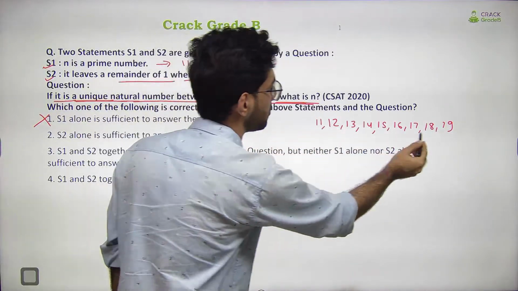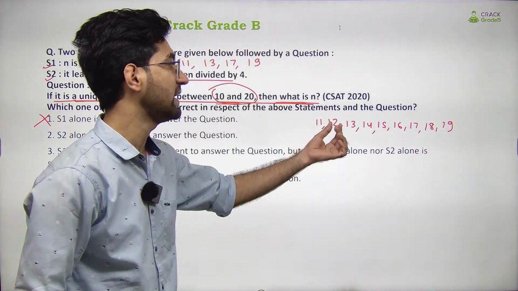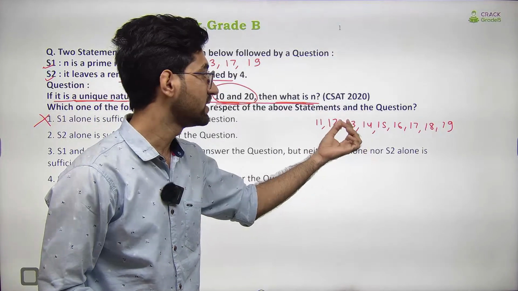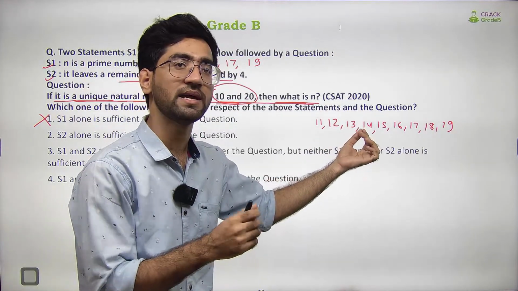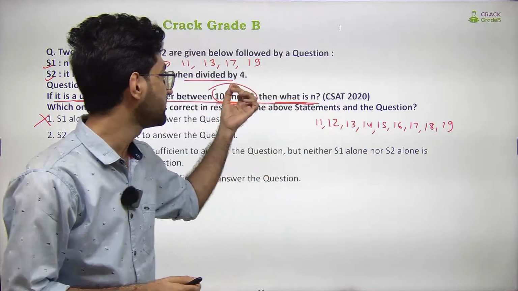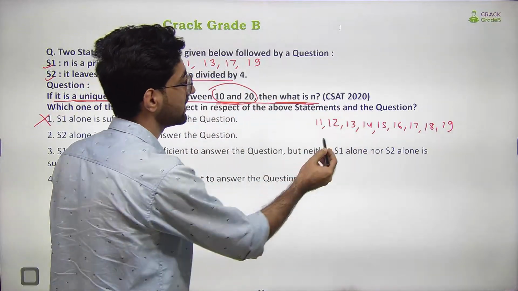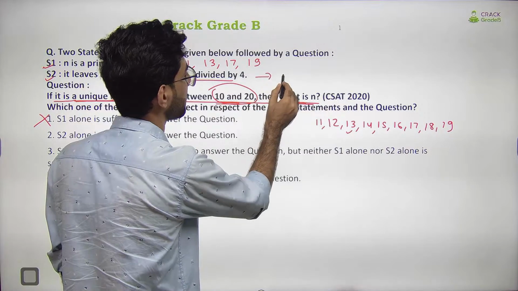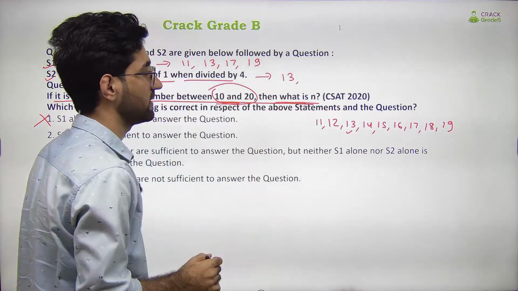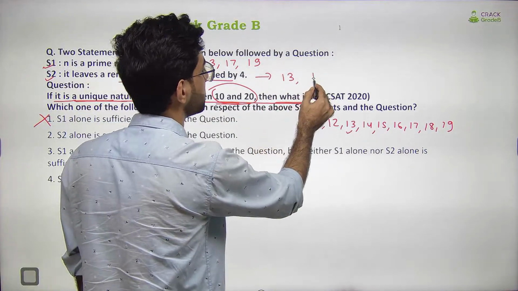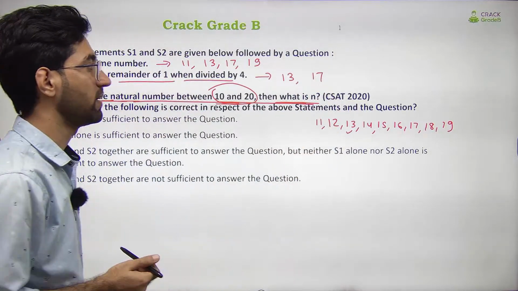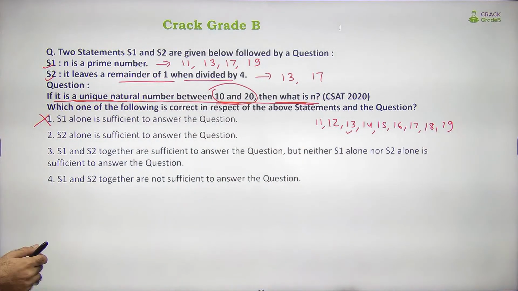So again, you have to look at this list and find which of these numbers leave remainder 1 when divided by 4. If you divide 13 by 4, you will get remainder 1. Similarly, if you divide 17 by 4, you will get remainder 1.